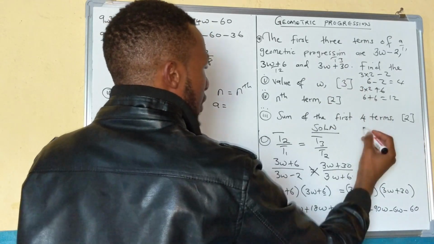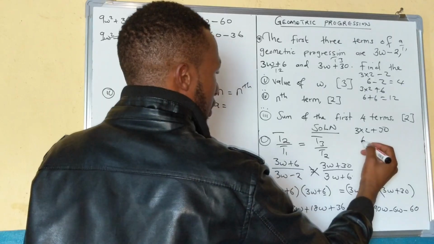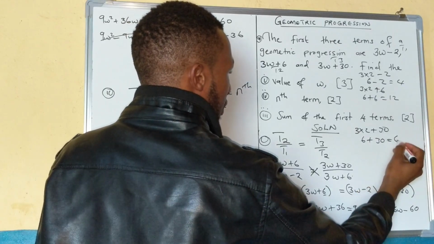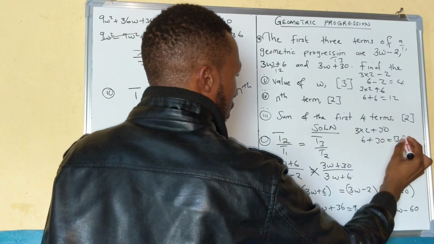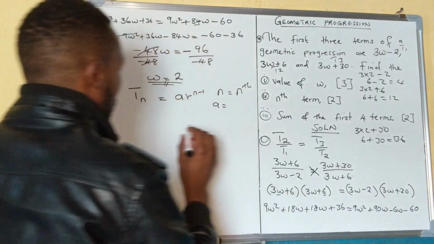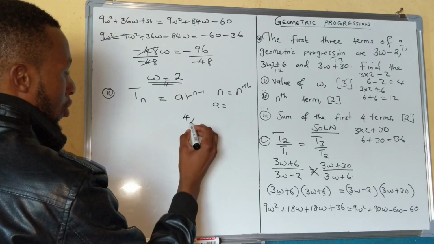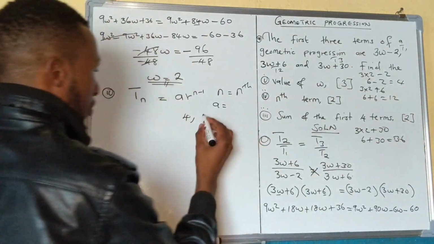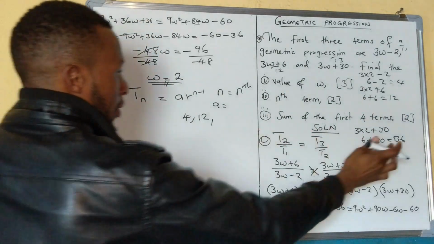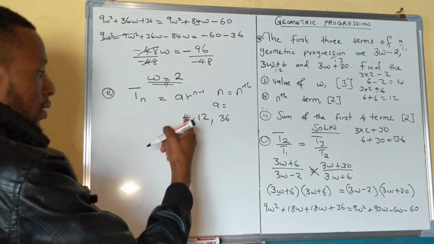Then the last one there is 3 times 2 plus 30. That is 6 plus 30, giving us 36. Okay, so those are our terms. Our first term is 4, the second term is 12, the third term is 36.